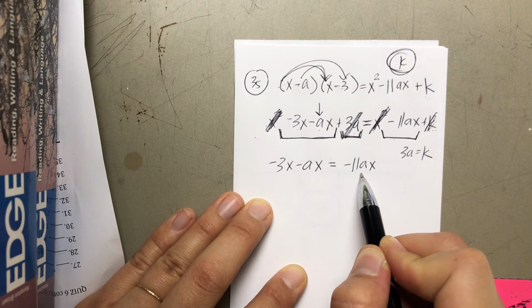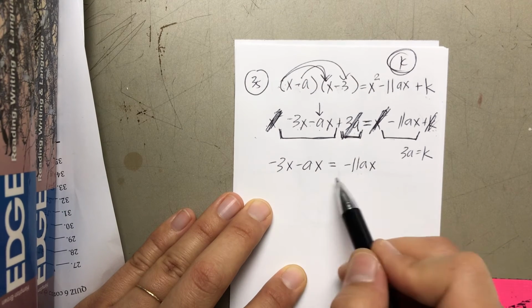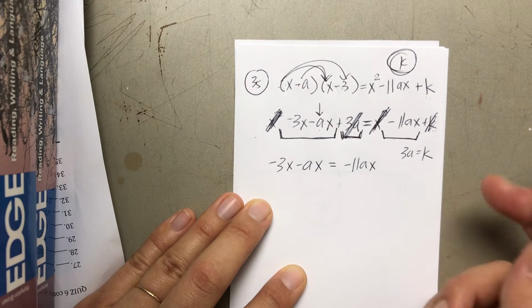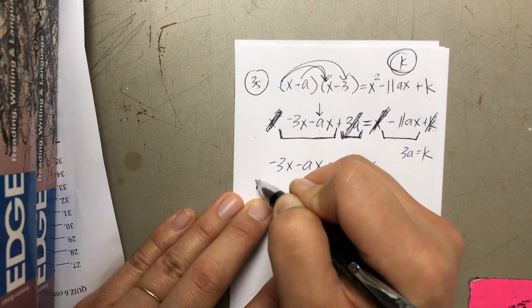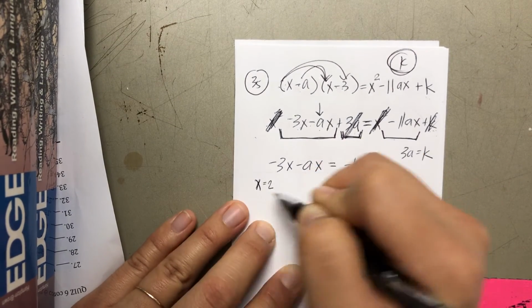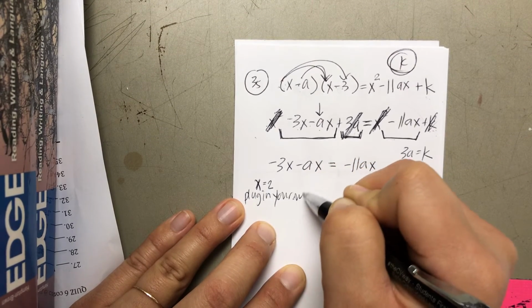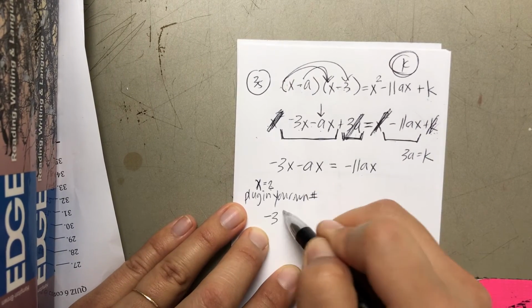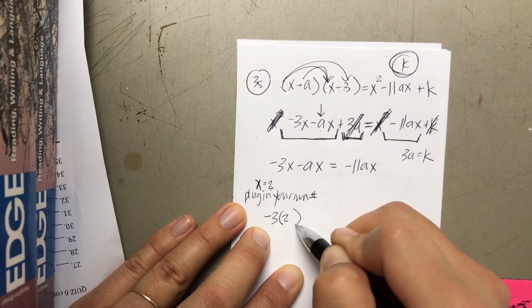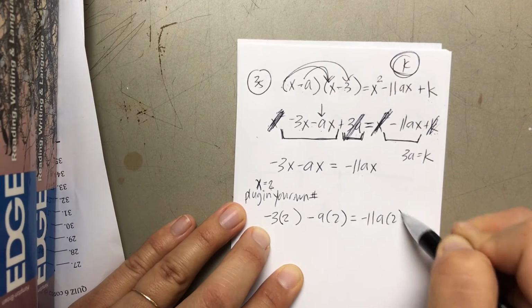Okay? And when I'm looking at this, I can't solve this unless I plug in for x. So I'm going to plug in for x, and we learned that when you plug in, you start with the easiest number. So I'm going to write here, plug in your own number. Okay, so we're plugging in 2. So negative 3 times 2 minus a times 2 equals negative 11a times 2.